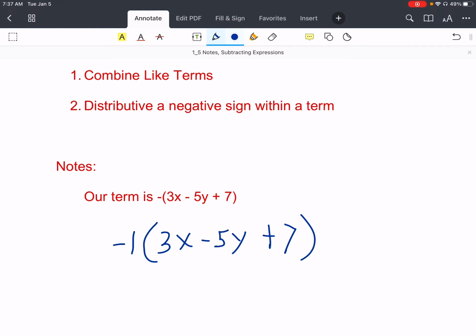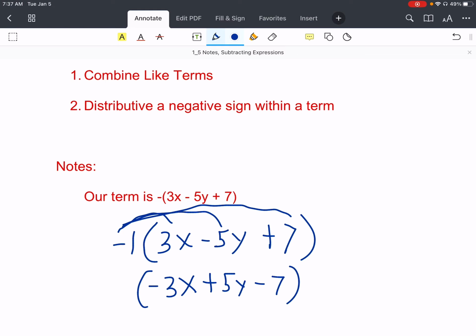So what we can do is we can get rid of this -1 by multiplying everything within the parentheses by -1. And inside the parentheses, we'll now have a -3x, a positive 5y, and a -7.